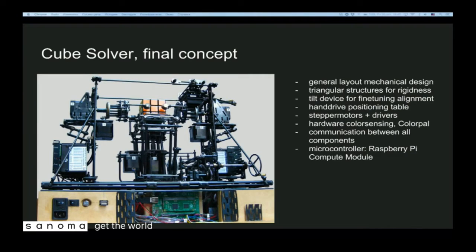Further, these stepper motors don't drive by themselves. You must use a stepper driver to drive the motors. And the microcontroller, which you see in front of the machine, is actually the heart of the machine. The microcontroller sends out all signals to the stepper driver, and from the stepper driver, the signals are sent to the stepper motors.